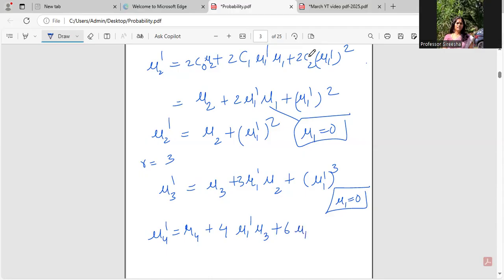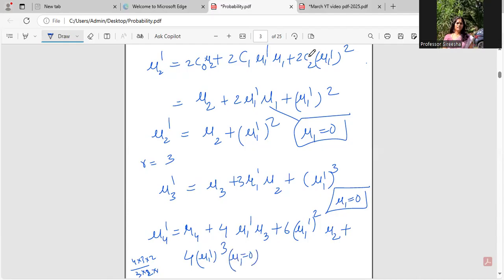So 6 mu1 prime whole square, mu2 this is. Okay. Plus 4C3, that is 4 into 3 into 2 by 3 into 2 into 1, so it would be 4 only, 4 mu1 prime whole cube, mu1. Wherever mu1 is there, it will go to 0.